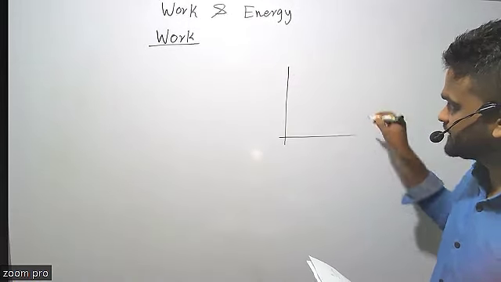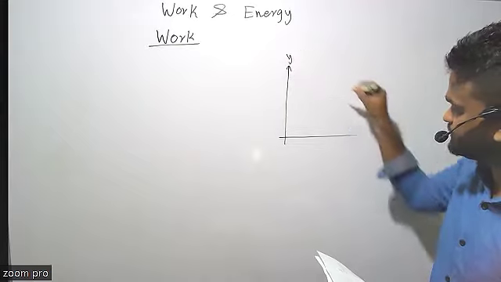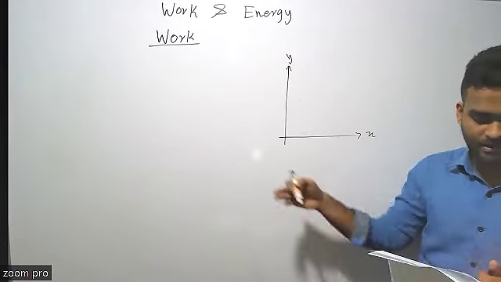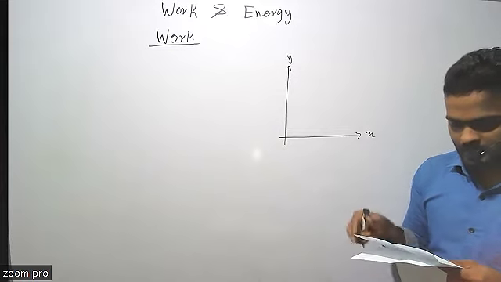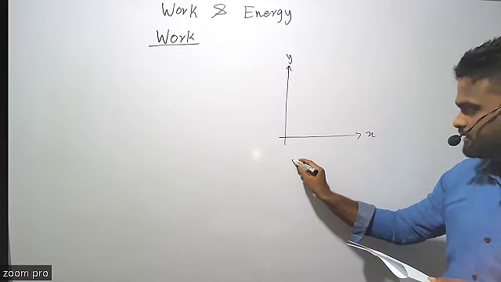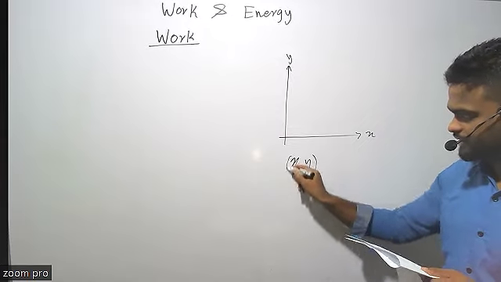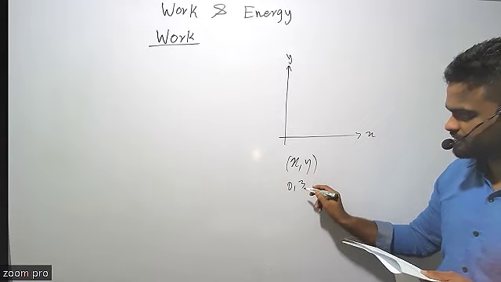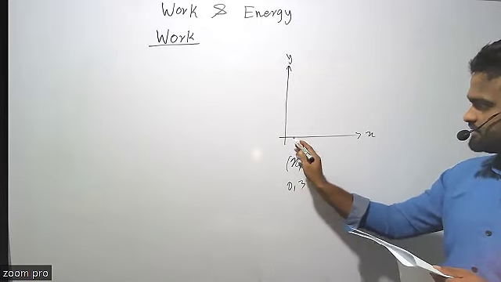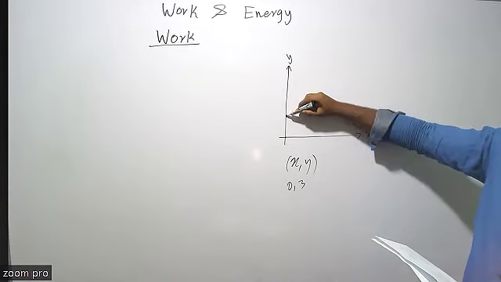So you know what a Cartesian plane is, right? The X-Y plane, this is called a Cartesian plane. The point 0, 3, what is that? These are XY coordinates. 0, 3 means X is 0, Y is 3, somewhere here.